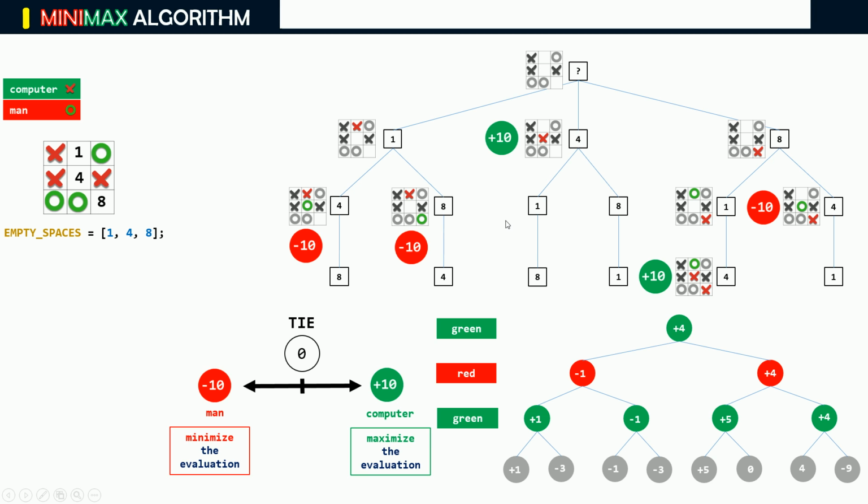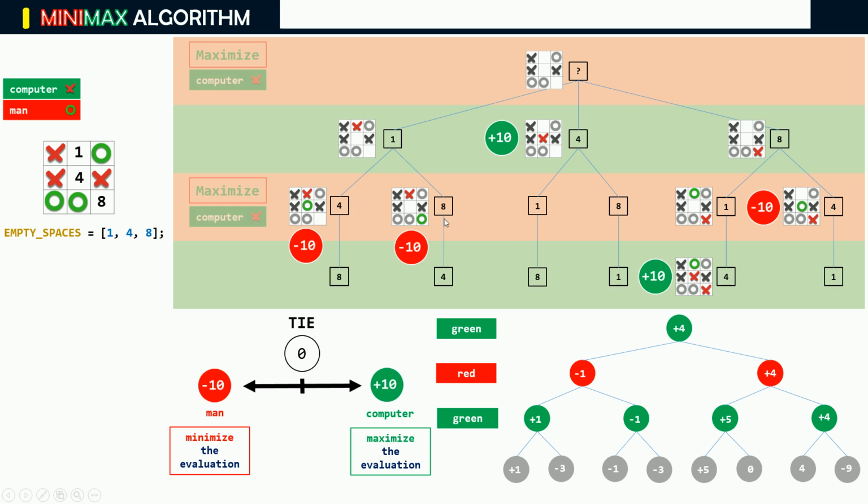So that's the same thing we're going to do with our game. The computer here is the maximizer and the man is the minimizer. So the man here in this position would go for -10, and in both cases he wins the game. Now in this case the man is the maximizer, he only has this choice, so it's a +10 as evaluation for this position here.